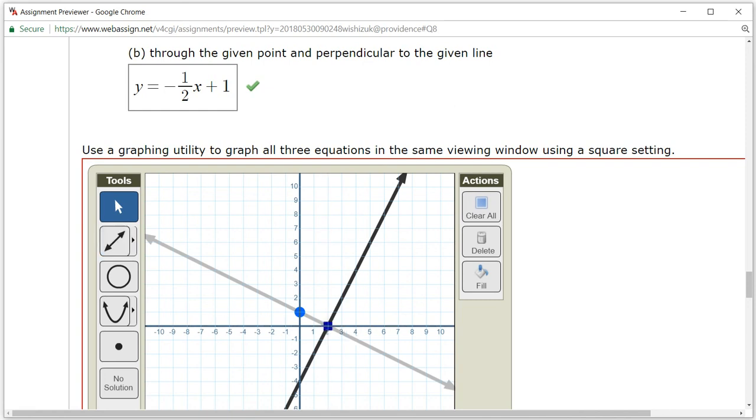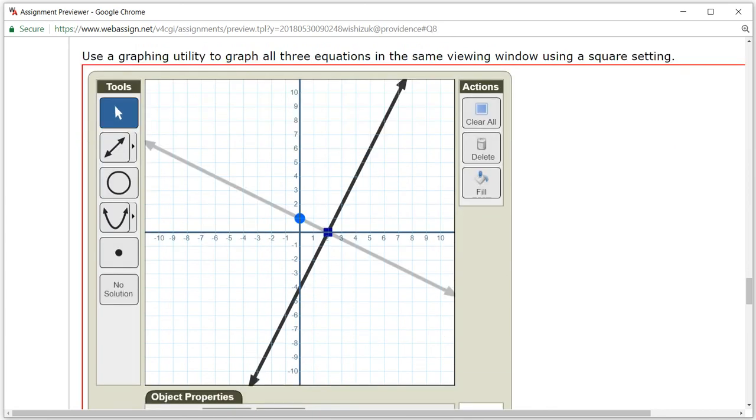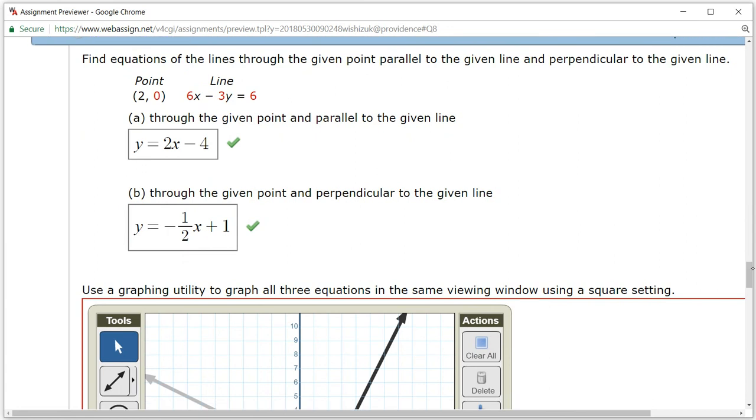Then the original equation was 6x minus 3y is equal to 6. The easiest way to sketch this is to find the x-intercept and the y-intercept. To find the x-intercept, we plug in y equals 0, so this term is gone.